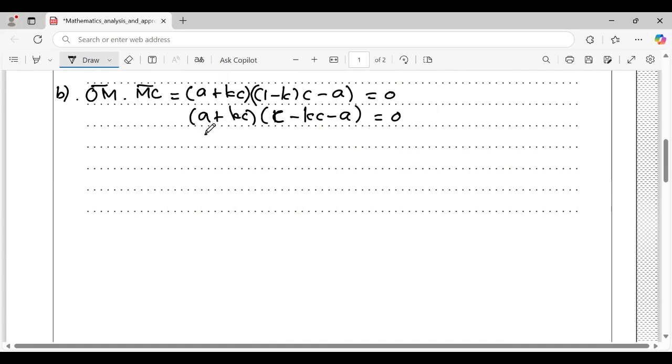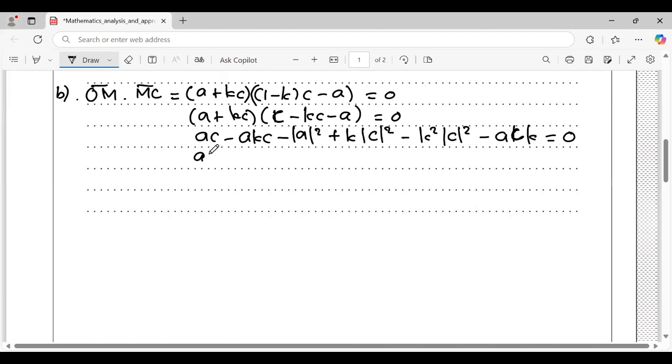After that, multiply AC, and then minus AKC, and then minus modulus A squared, plus KC times 1 minus K squared C squared, minus ACK, like this, equals 0.